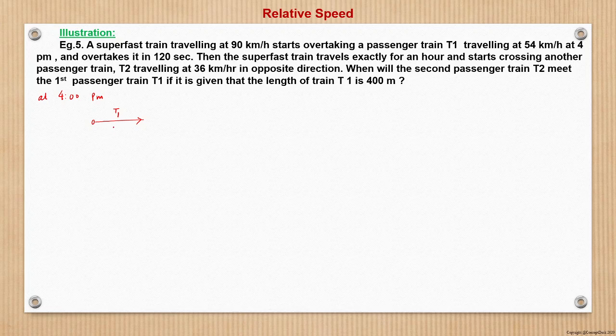This is moving at a speed of, I think we do not know. Let us read the full question first.